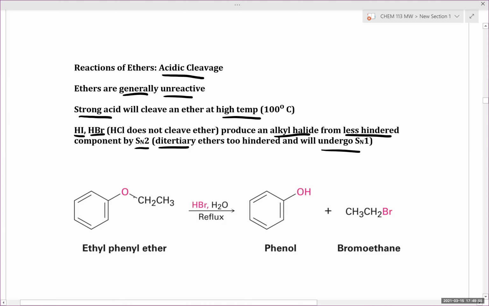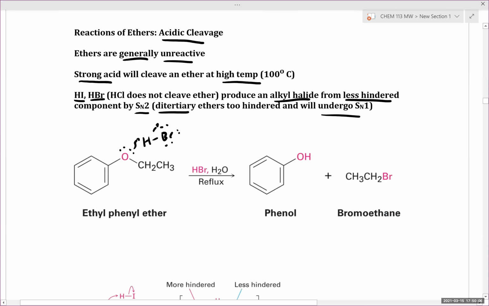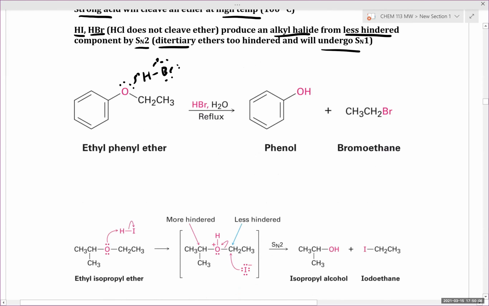So for example, if you have ethyl phenyl ether and you treat it with hydrobromic acid, in our first step, we protonate the ether. That in turn will generate a more activated leaving group.